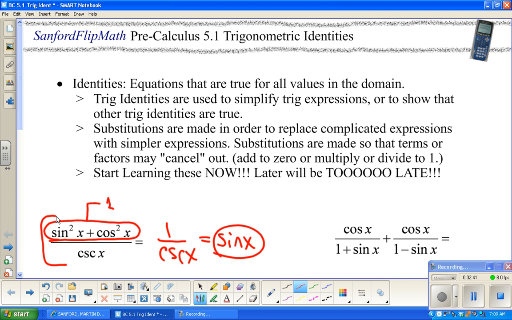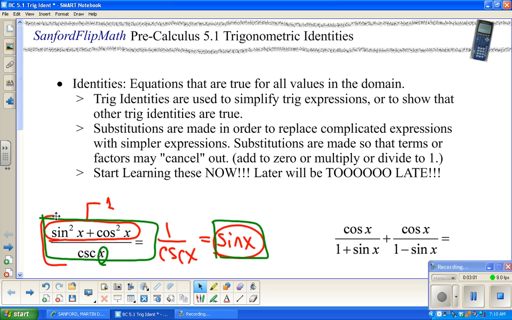So I would think that most of us would much rather look at this than this. Now the only catch is there's a little domain issue here: cosecant doesn't have any values at 0, pi, 2 pi, etc., where there are asymptotes, whereas sine has a domain that's all real numbers. And we could do some similar things with this one, and we'll see examples of that.